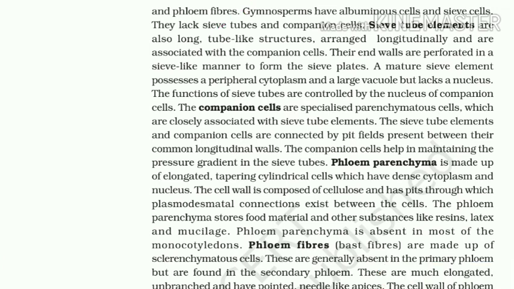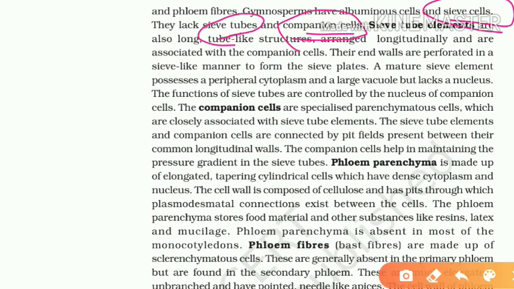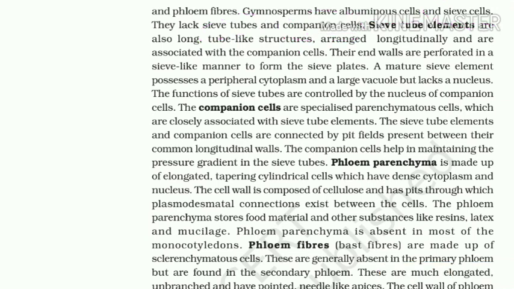Gymnosperms lack sieve tube elements and companion cells. Why? In place of sieve tube elements they have sieve cells, and in place of companion cells they have albuminous cells.